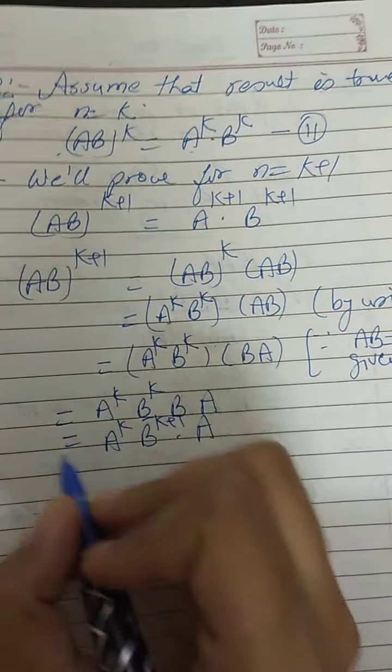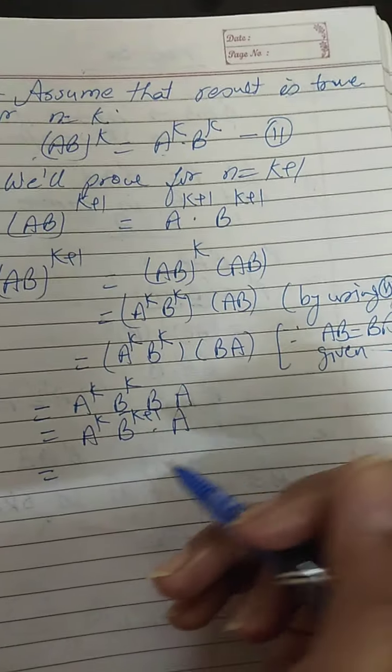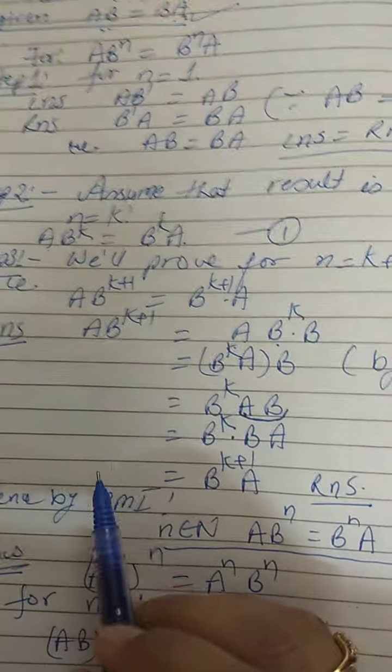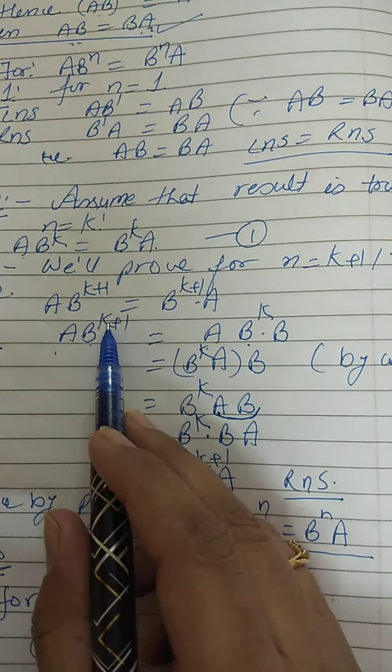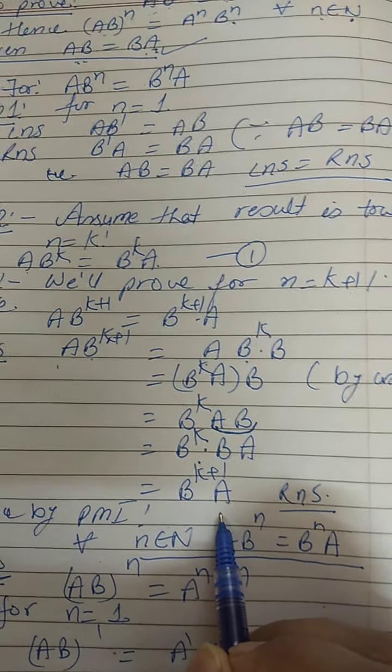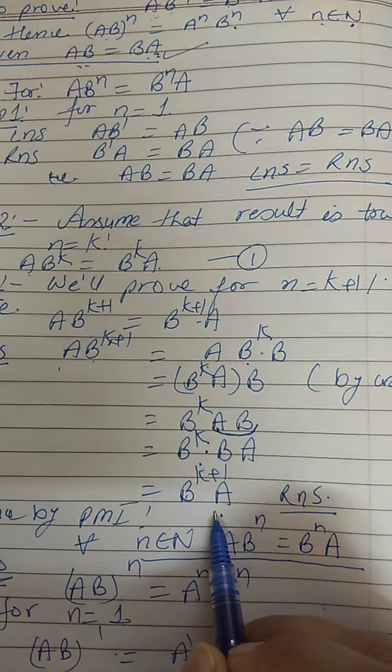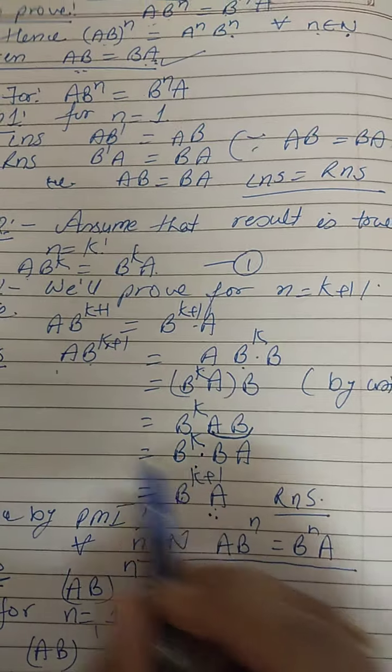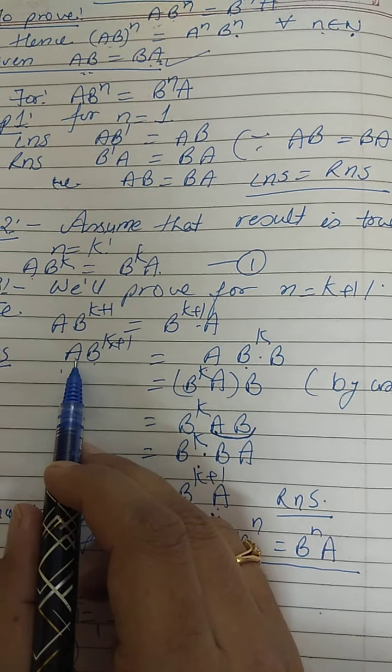This thing is clear. Now in the previous result, if you remember, what do we have? In the step 3, when we proved a b raised to power k plus 1 is equal to b raised to power k plus 1 into a, it means b raised to power k plus 1 into a can be written this thing also.